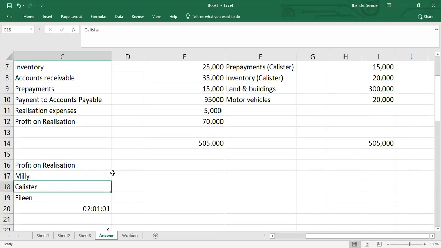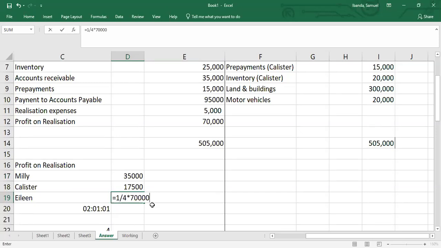Remember I'm sharing the 70,000. So Millie has 2 out of 4, divided by 4 times the 70,000. And then this one has 1/4 times 70,000. And then Ellen has also 1/4 times 70,000. As you can see, this adds up to this.